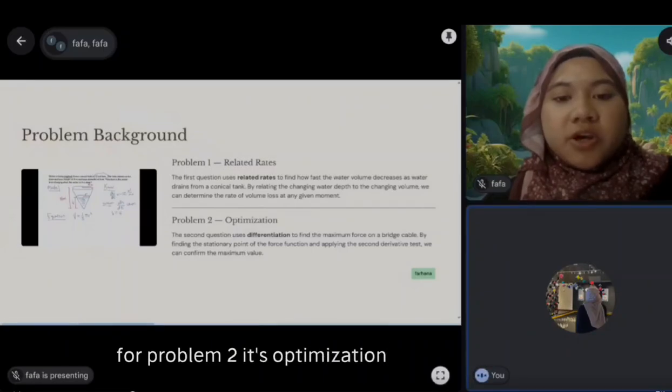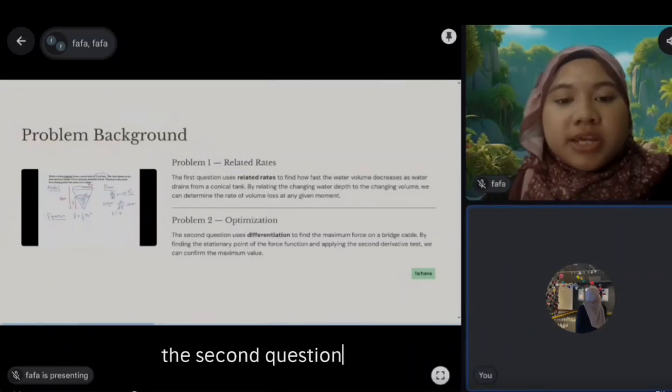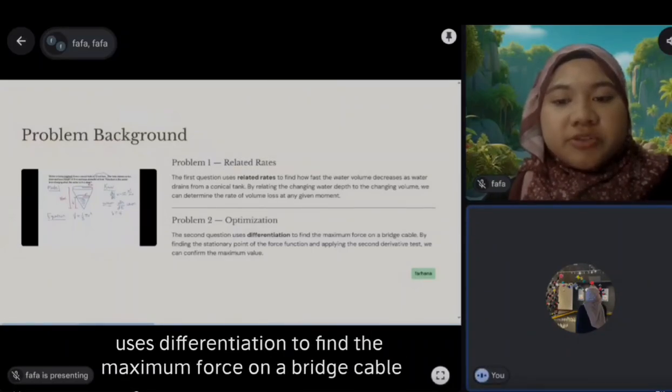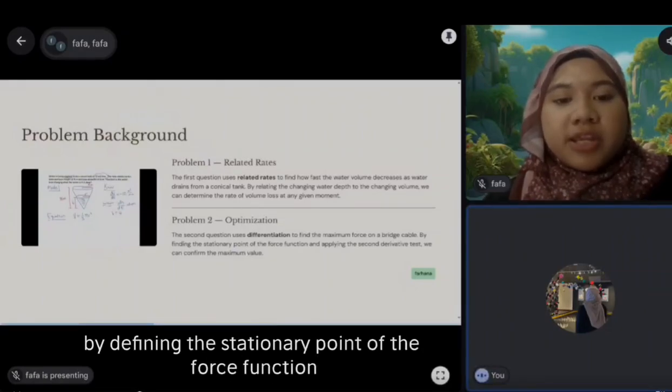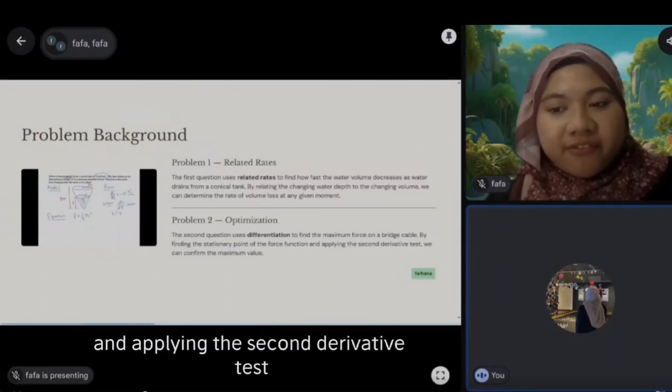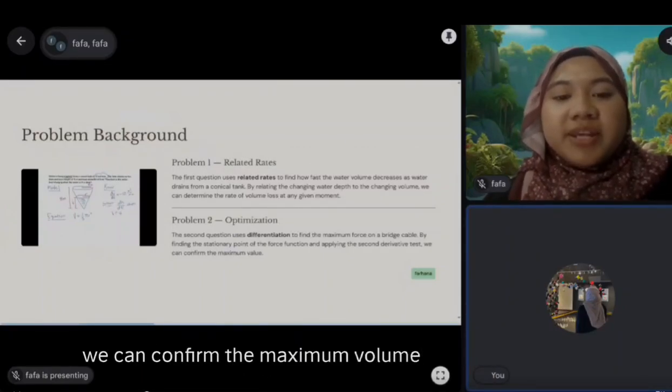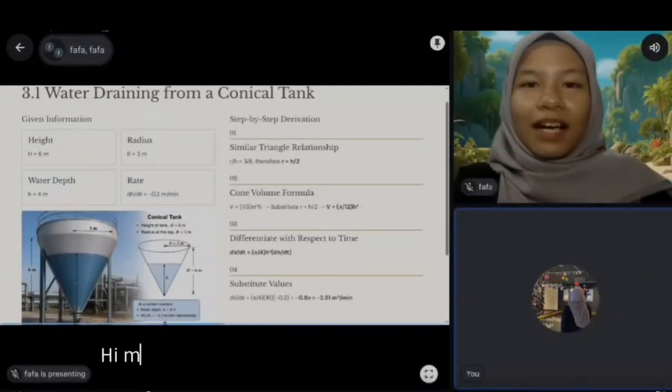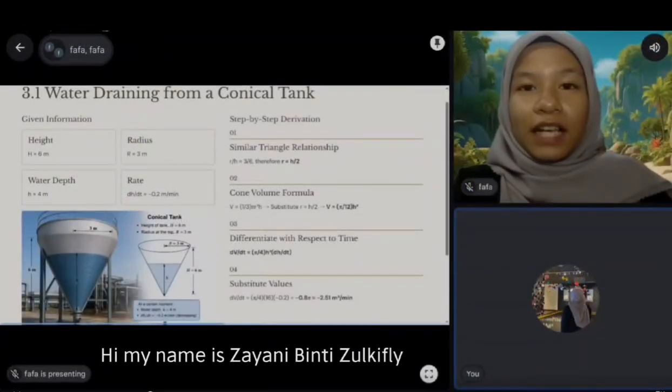Problem 2 is optimization. The second question uses differentiation to find the maximum force on the bridge cable. By finding the stationary point of the force function and applying the second derivative test, we can confirm the maximum value.